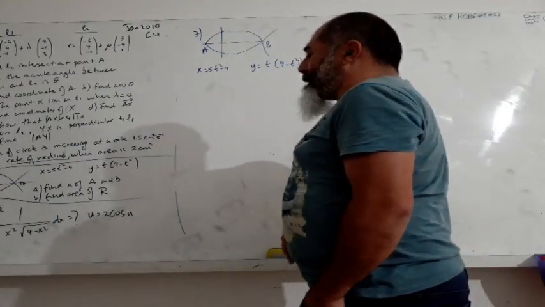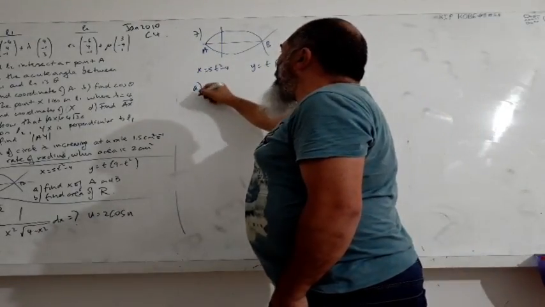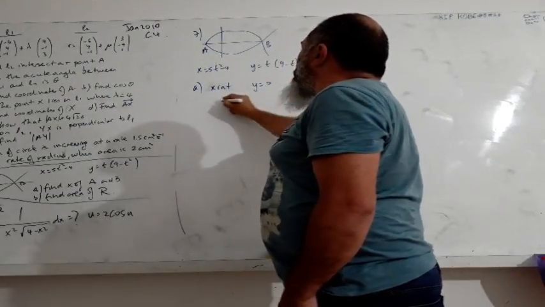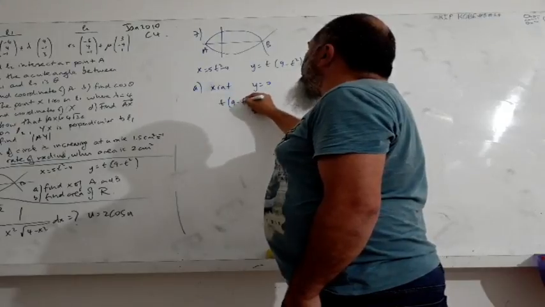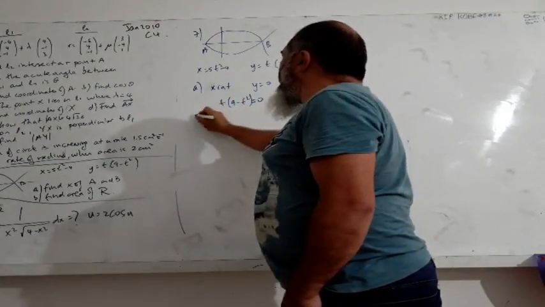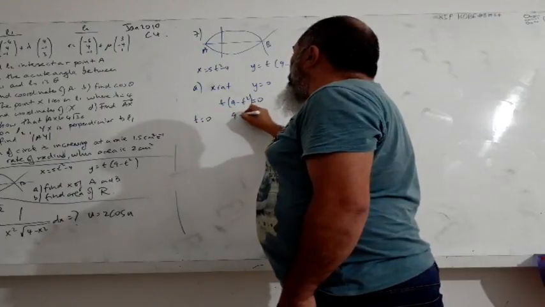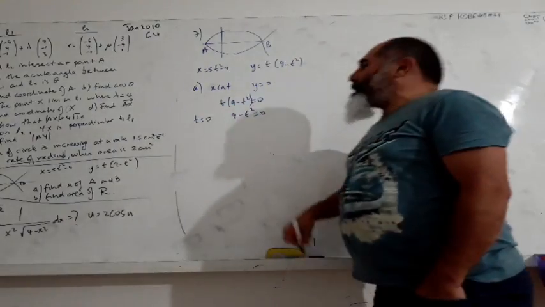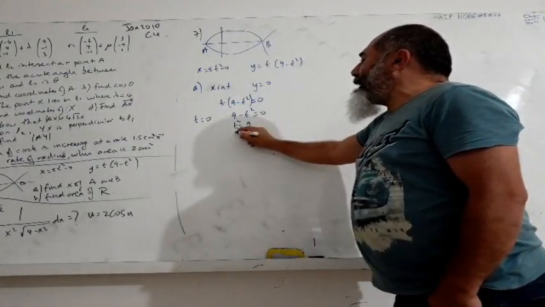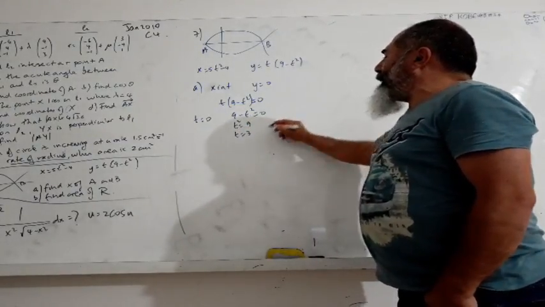To be able to find the x-intercept, y has to be 0. So t(9 minus t squared) is equal to 0. So either t is equal to 0 or 9 minus t squared is equal to 0. That means t squared is equal to 9, t is equal to 3 or t is equal to negative 3.